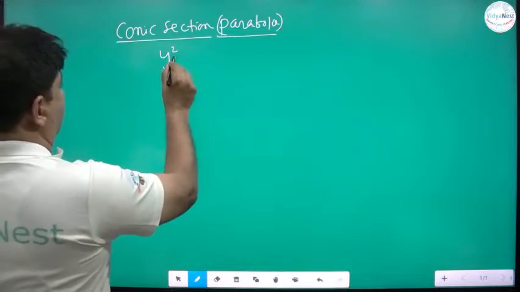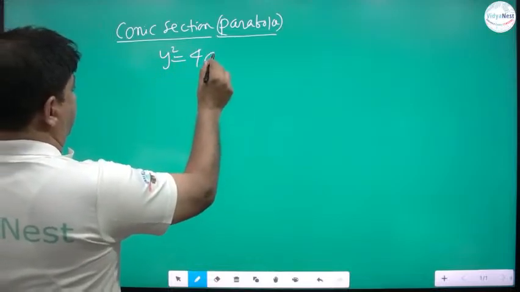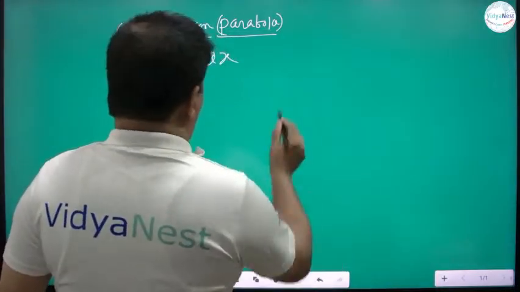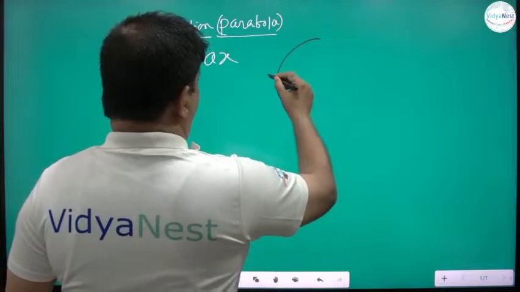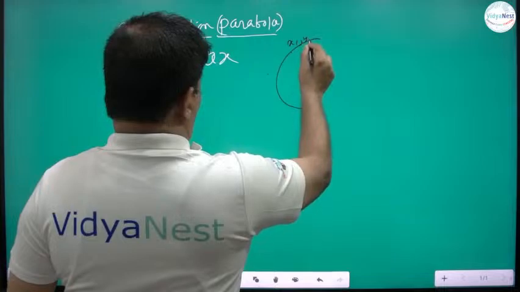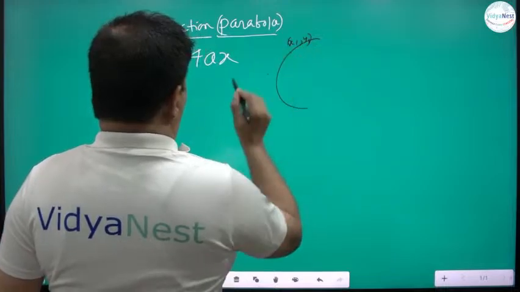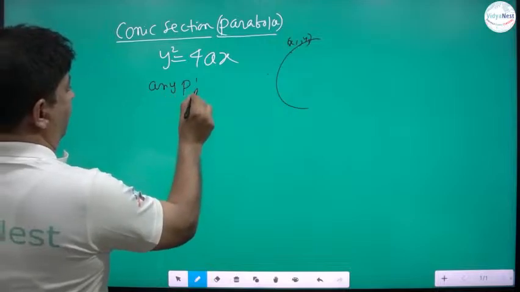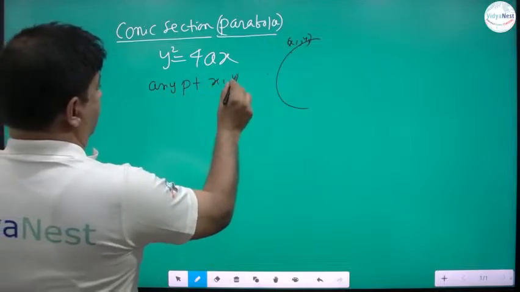Okay, see, you got the parabola's equation like this. This is the parabola, suppose, and any point (x1, y1) lies on it.